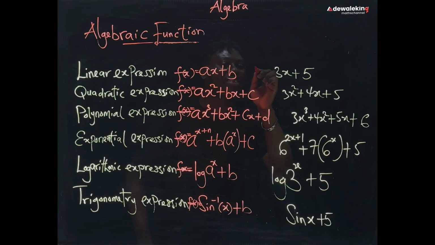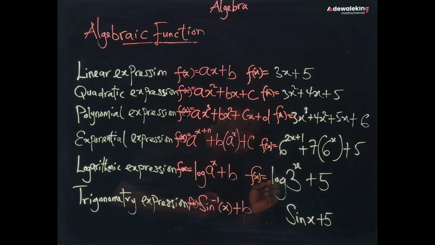So this becomes f of x is equal to this, f of x is equal to this, and f of x is equal to sine x plus 5. So all these are functions as y is equal to f of x.